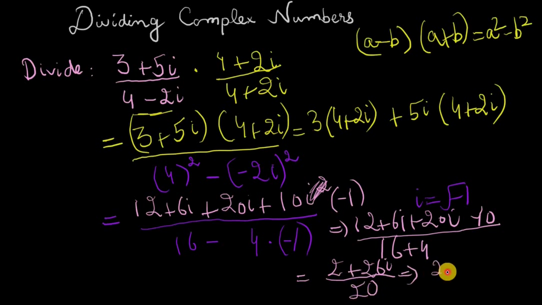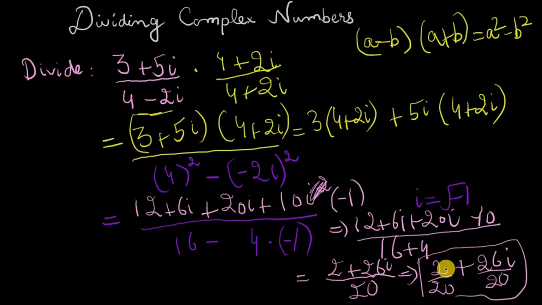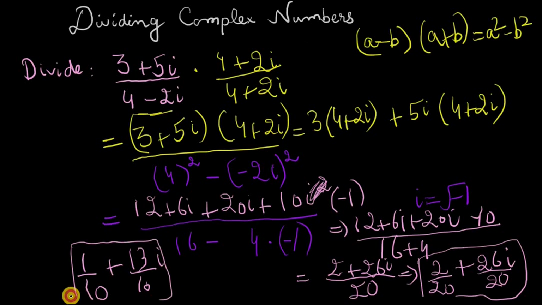So it's going to be 2 divided by 20 plus 26 divided by 20i. And that's your final answer. If you want, you can simplify this to 1 over 10 plus 13 over 10i. And now we have another complex number with some real part and some imaginary part.